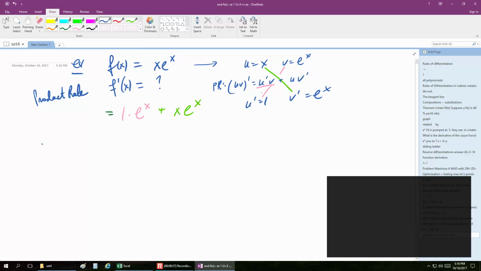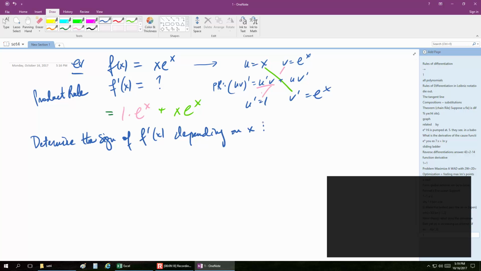Remember, the next question is going to be to determine the sign of f prime of x depending on x. The best way to have a function that is easy to deal with in terms of its sign is to factor it. So factor it. Why?